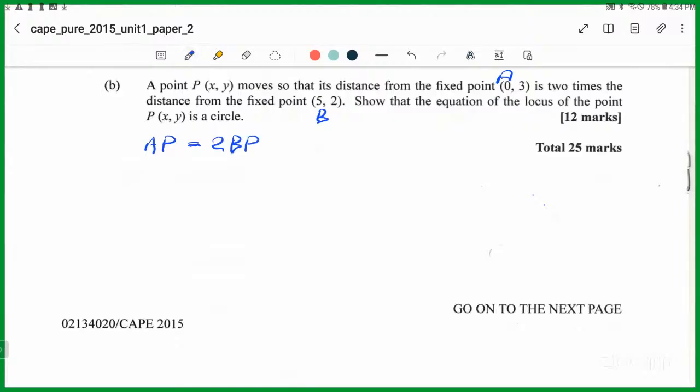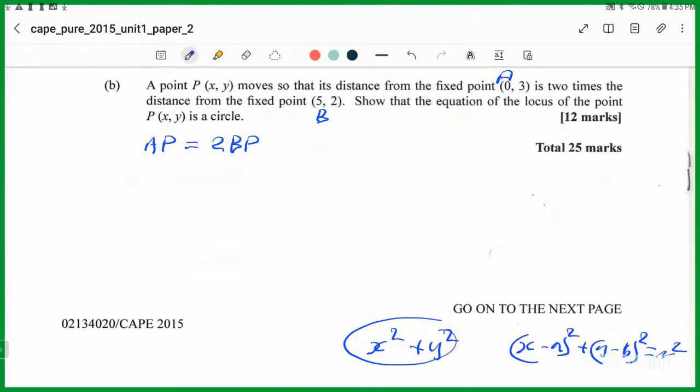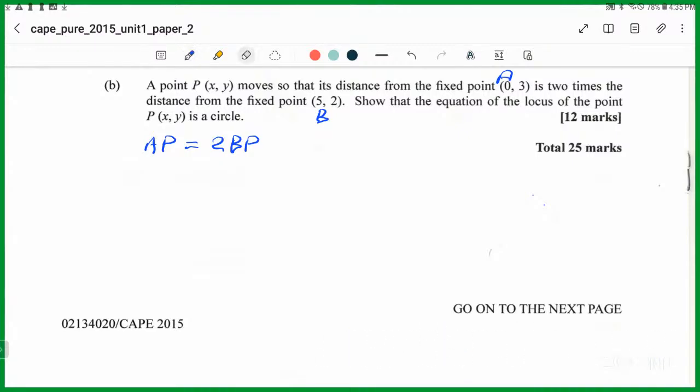I must prove that the locus is the equation of a circle. Now, a circle is an equation with an x squared plus a y squared in it. Or we can write (x minus a) squared plus (y minus b) squared equals r squared. It must have an x squared plus a y squared in it. That's the highest powers in there. So that's what we're trying to work out.